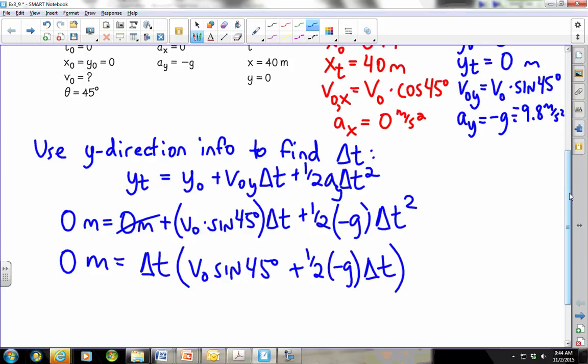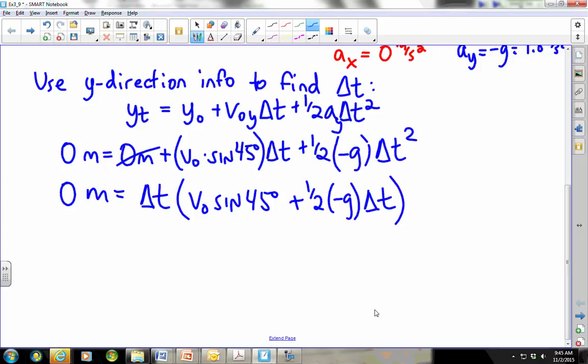Now there are two solutions here. At time 0, it's definitely 0. That's not really the time I was looking for, though. I knew that she was at 0 seconds. So that's one solution, but that's not the one we want. Another solution would be when this whole part equals 0.